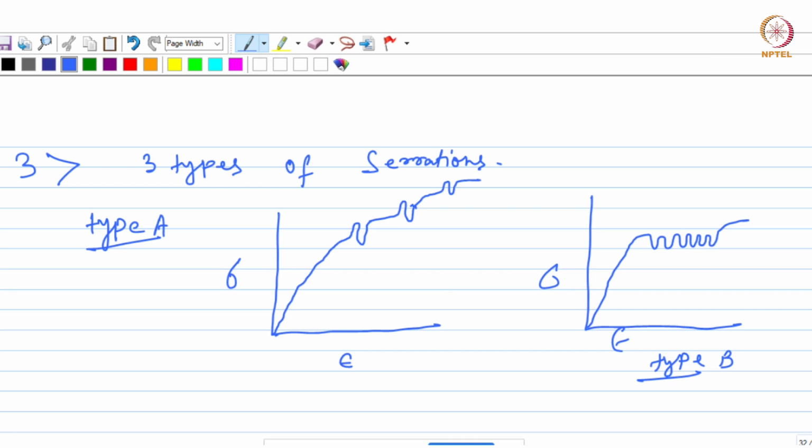And type C, which appears something like this.